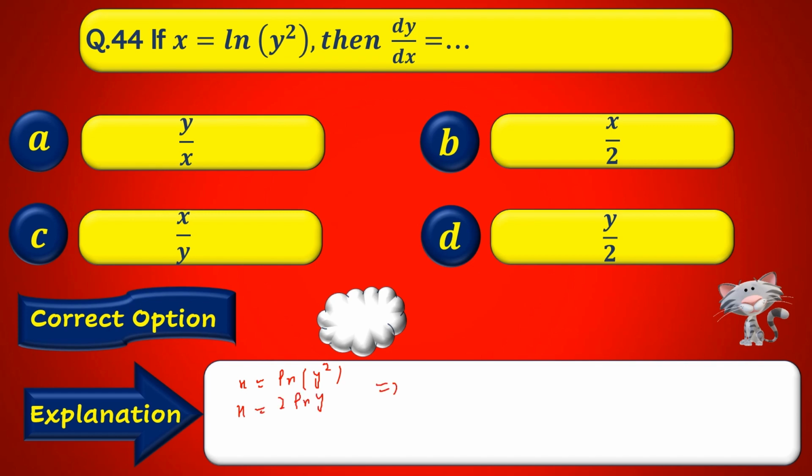It can also be written as log of y is equal to x over 2. Now we take derivative on both sides and we get 1 over y into y dash is equal to 1 by 2. This implies y dash will be equal to y over 2. Therefore, the correct option is option D.